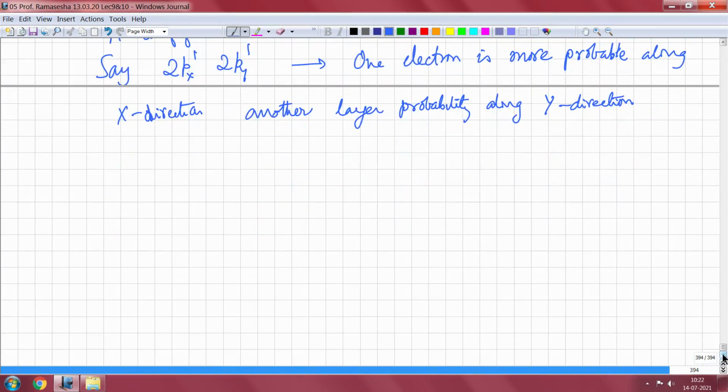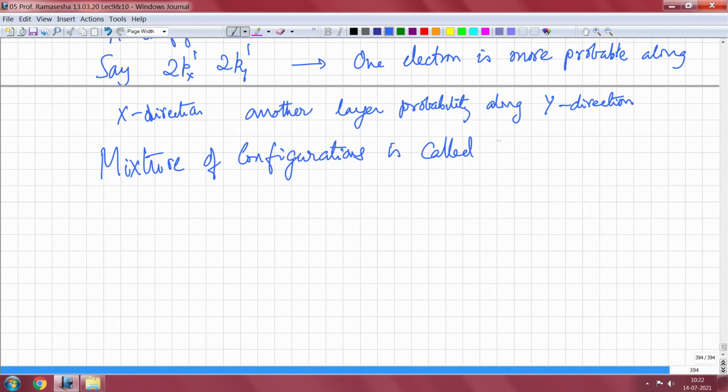So that is the reason why you will have this kind of a mixture of configurations. This mixture of configurations is called configuration interaction. Very often they just write it as CI.